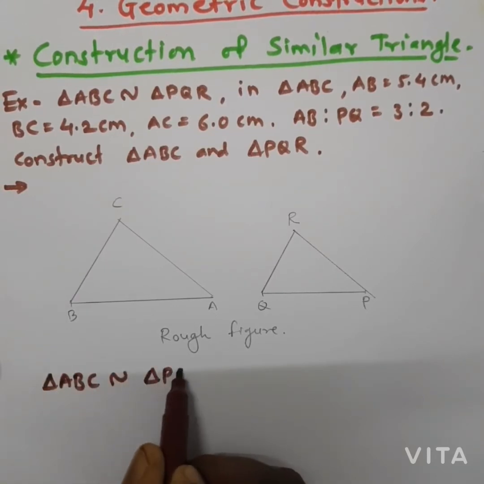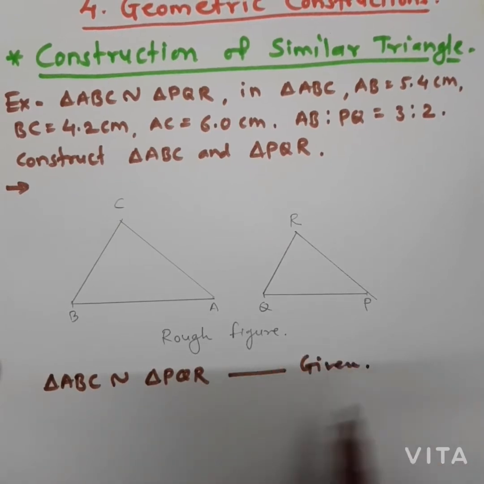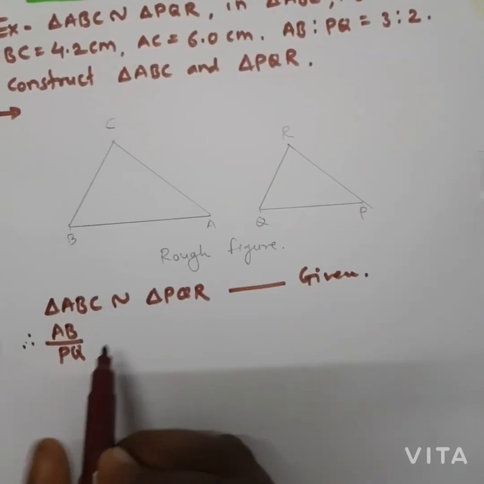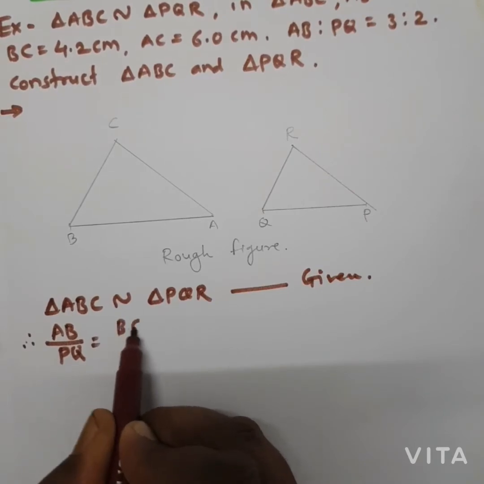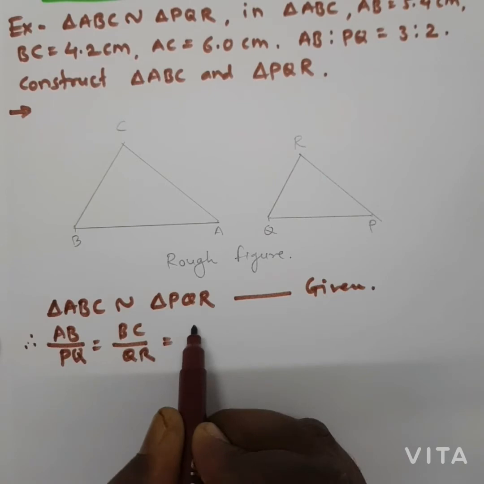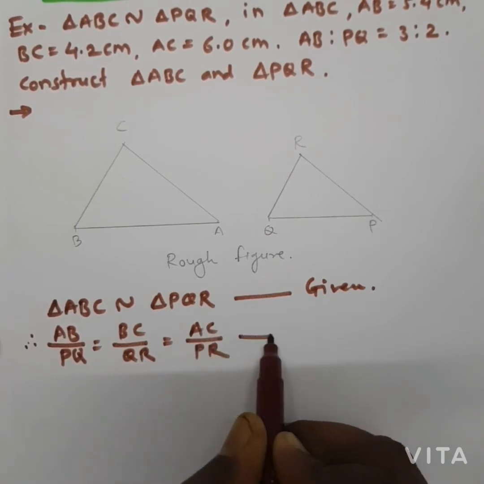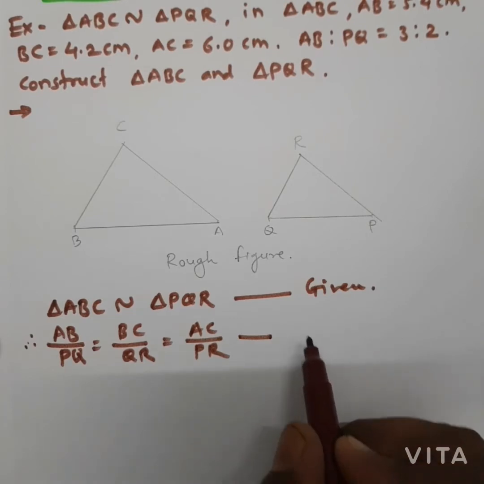Now we are given that triangle ABC is similar to triangle PQR. Therefore, AB upon PQ is equal to BC upon QR is equal to AC upon PR. Why?